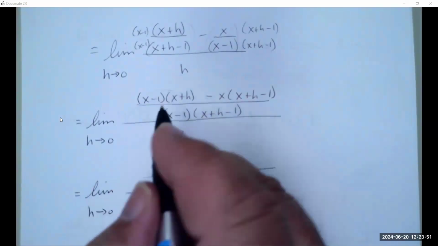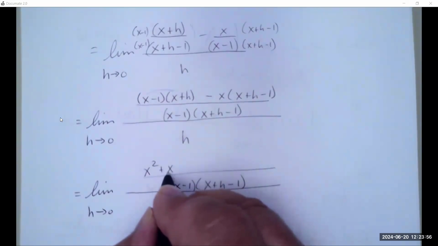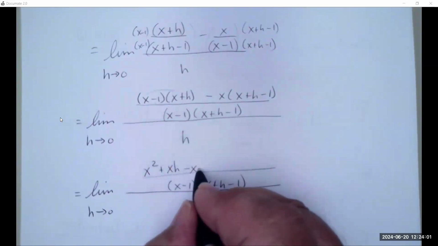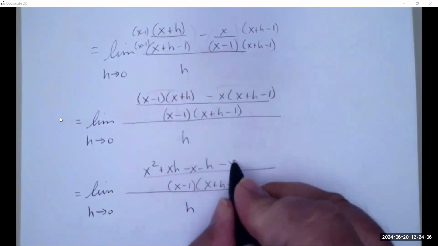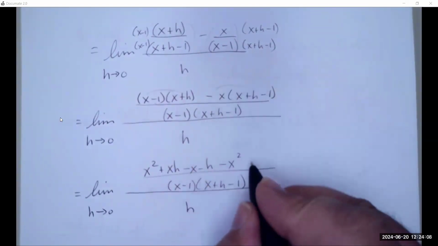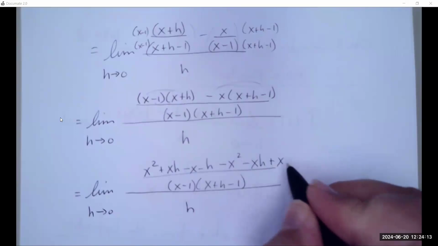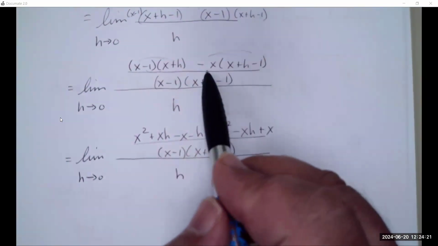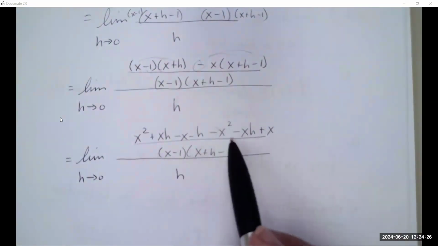On top, we get x squared plus xh minus x minus h minus x squared minus xh plus x. Because remember, rules of thumb of algebra, everything after this minus sign has to be distributed, so all this stuff has to change sign.